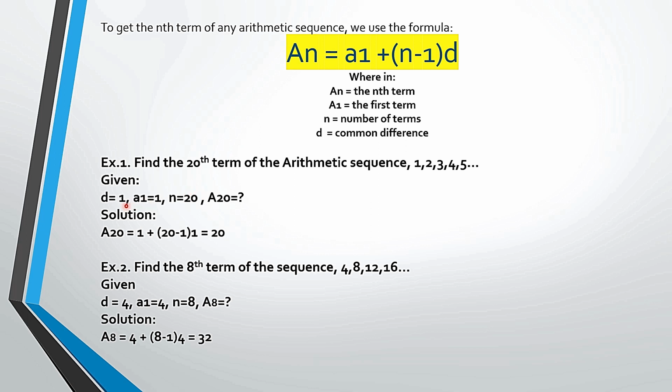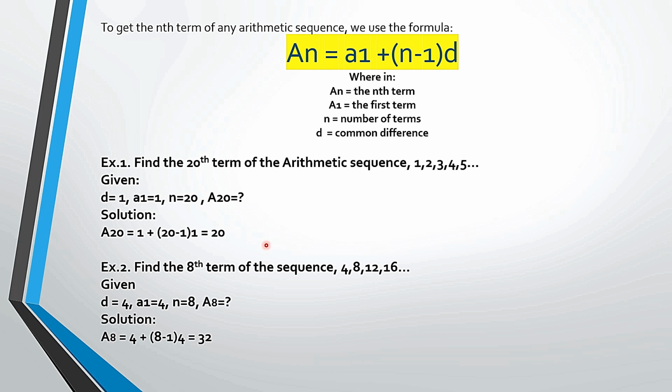We are asked to find the 20th term, or a sub 20. Therefore, we have the solution. A sub 20 is equal to 1, which is the first term, plus, what is n? n is 20, minus 1 times d. d is 1, therefore, the answer is 20.